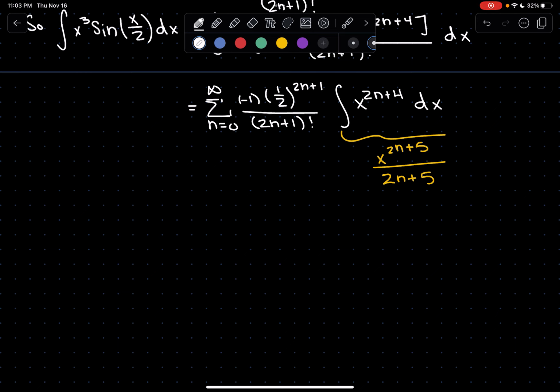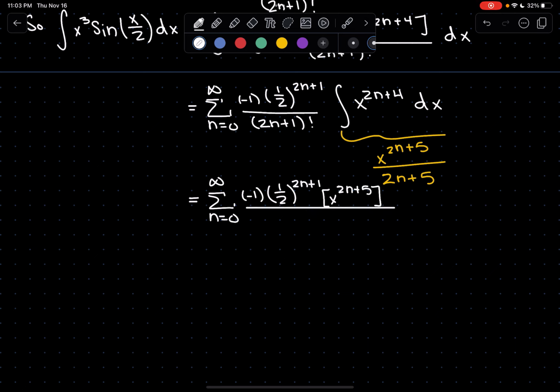So this ends up being the sum from n equals 0 to infinity of negative 1, 1/2 to the 2n plus 1 times x to the 2n plus 5 divided by 2n plus 1 factorial times 2n plus 5. Okay, and then that's it.